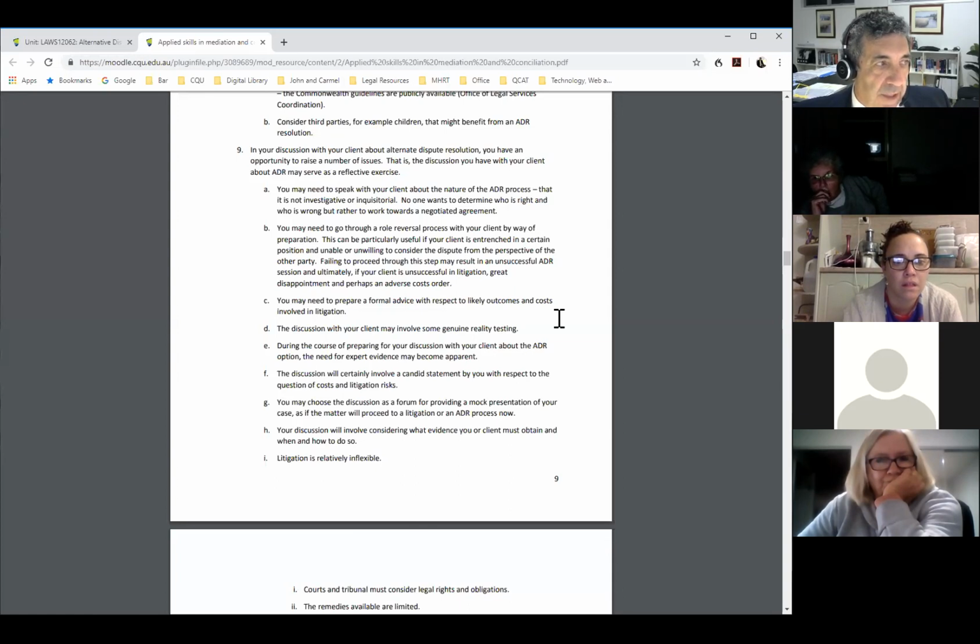There may be requirements under statute to provide a formal advice in relation to likely outcomes or costs associated with litigation. So when you commence these discussions with a client about ADR options, you're actually engaging in some genuine reality testing.